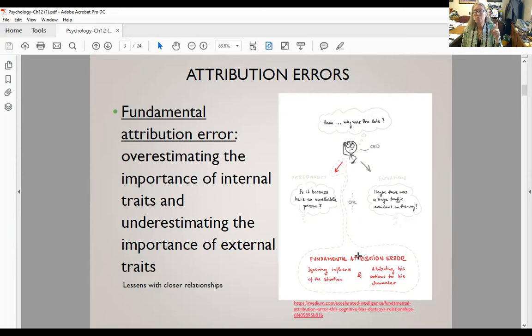However, when we're looking at our own behavior, we're more likely to make an external attribution than an internal attribution. So when we're looking at other people, we make an internal attribution, but when we're looking at our own behavior, we're much more likely to make an external attribution.